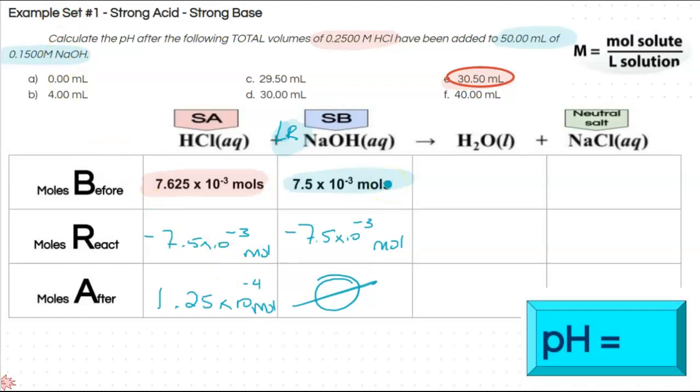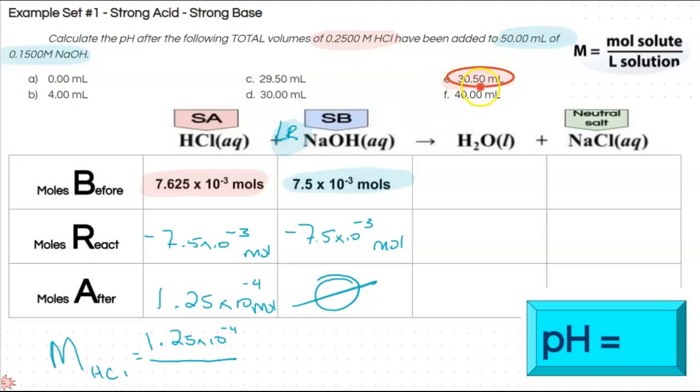So now I need to calculate my new concentration of my acid. My molarity of my acid is going to be the moles of acid that remains, 1.25 times 10 to the negative fourth moles, divided by my new solution volume. So my new solution volume is the 50 mils of base plus the 30.5.